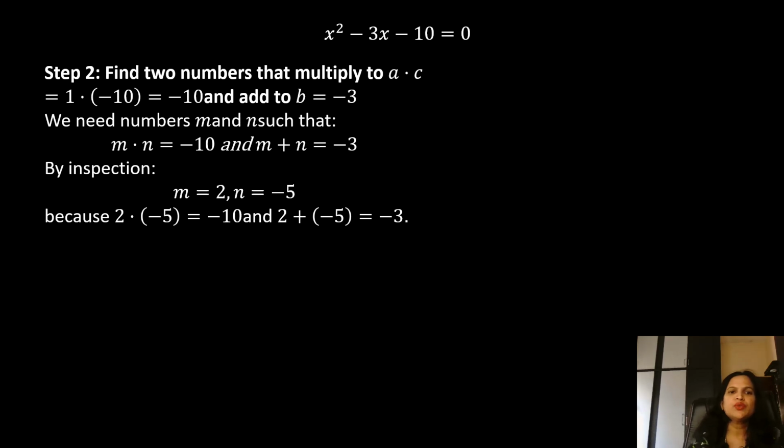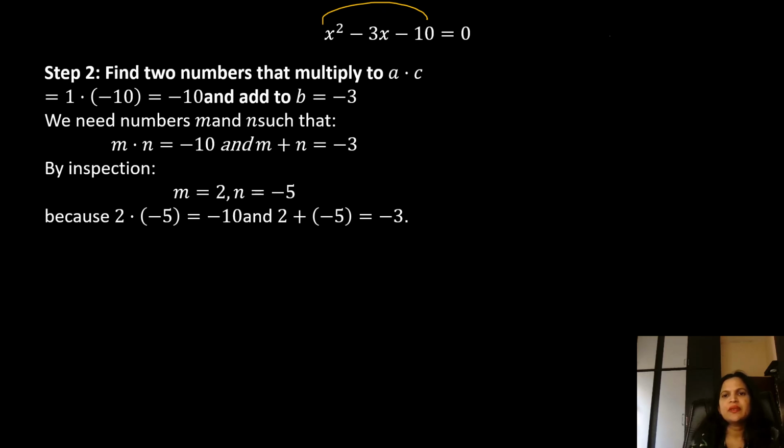Second step, find two numbers that multiply into a and c. Just remember, if you multiply, you should get the coefficient of x square, which is 1, into minus 10.